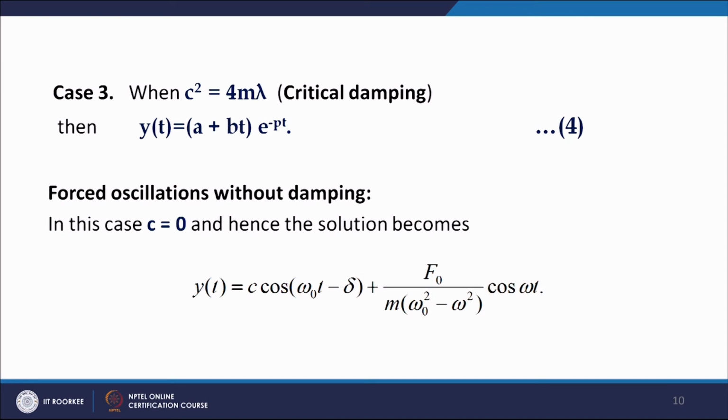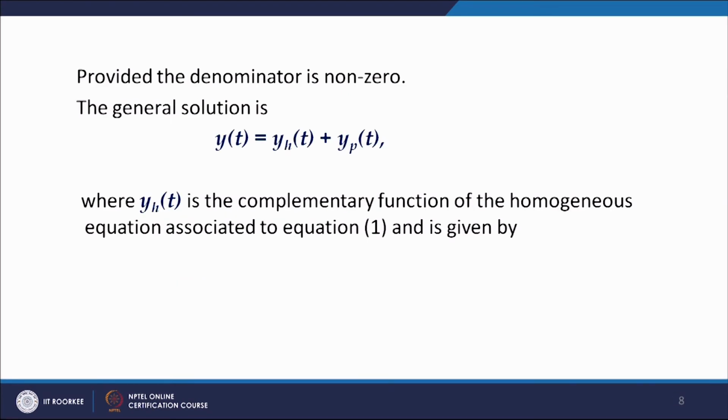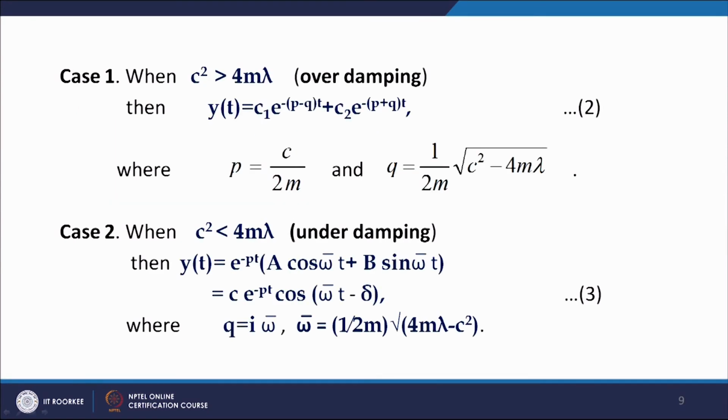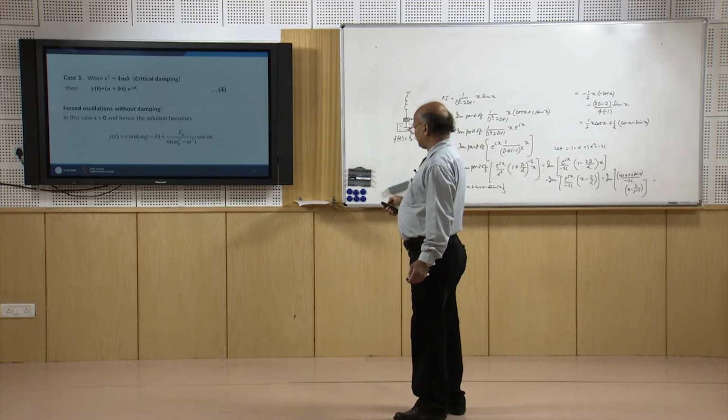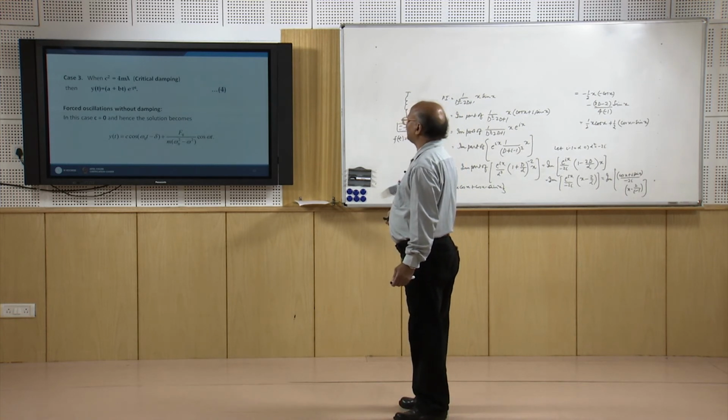So these are the solutions of the associated homogeneous equation. Now forced oscillations without damping. First we consider the case of forced oscillation without damping, that means the damping constant c is equal to 0, and then the solution will take the form y(t) equal to y h(t) plus y p(t). We have found y p(t) as a1 cos omega t plus a2 sin omega t. So in that you put c equal to 0, you get the value of y p(t), and y p(t) comes out to be F naught over m times (omega naught square minus omega square) cos omega t.